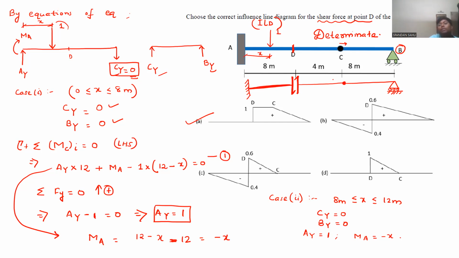Now come to this part. If this is 0, then this upward lifting will take a complete 1 unit vertical uplift. So this will be 1 unit lift. Now you tell me, there is an internal hinge here and there is a roller to the right of the internal hinge.